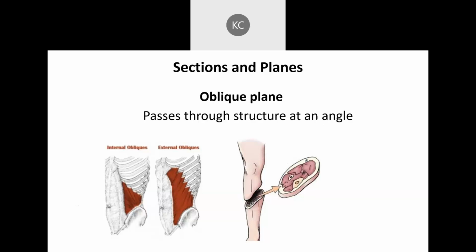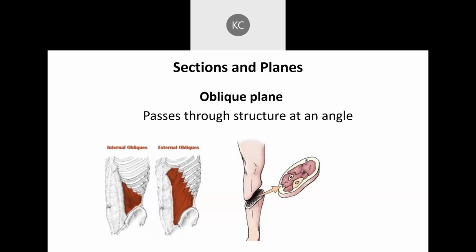Okay, so all of these planes and sections, whether it's frontal, coronal, sagittal, transverse, oblique, whatever it may be, these are important for you to know because different types of imaging in a clinical context will section and take pictures of the body and then piece them together in these different planes. And so you have to be able to orient yourself to what context you're looking at the body in.